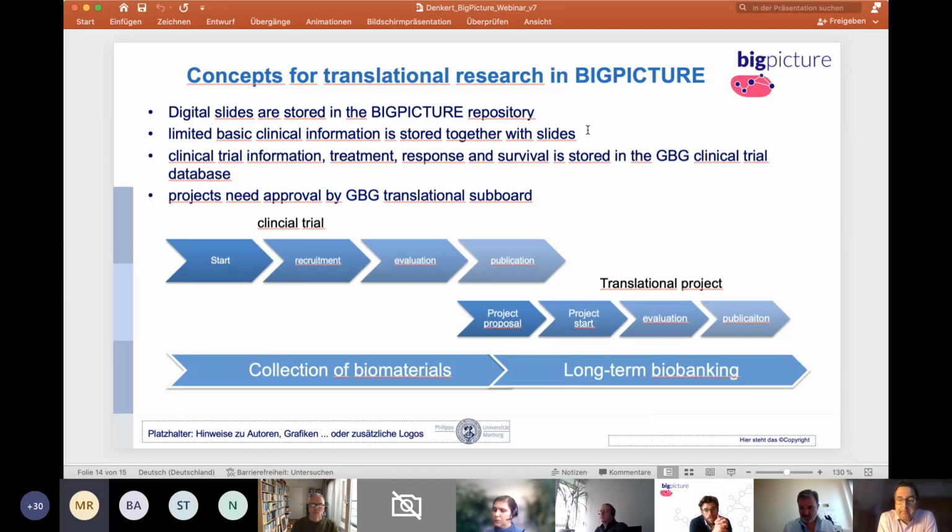So this approach provides a very good opportunity to have additional research options within the clinical trial worlds, and also validations for AI algorithms that will be generated as part of the Bigpicture network.